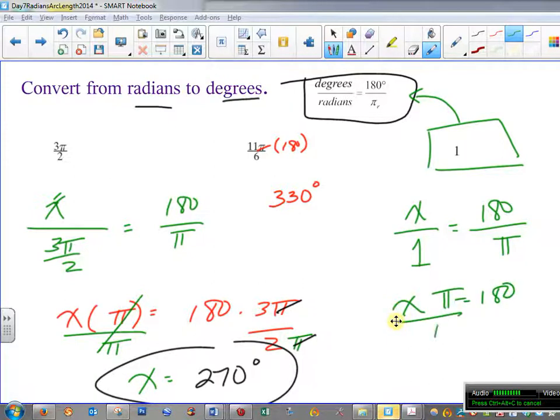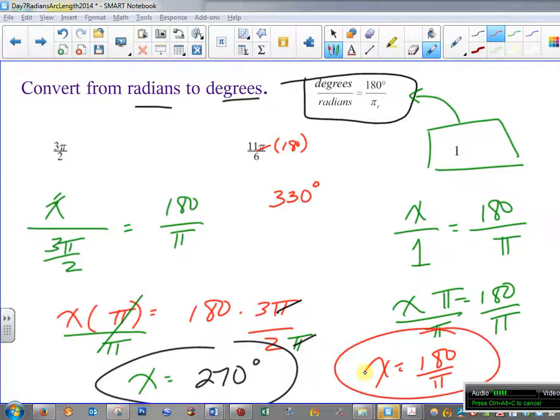We'll divide both sides by pi. And so my answer is x is equal to 180 over pi. Now I know that doesn't sound like a degree measure, but we did convert from radians to degrees. So this number 180 over pi is actually in degrees, and it tends to be irrational.